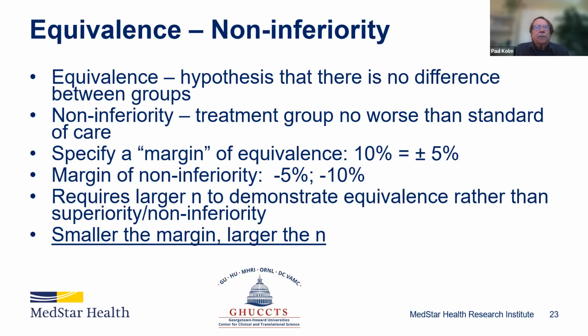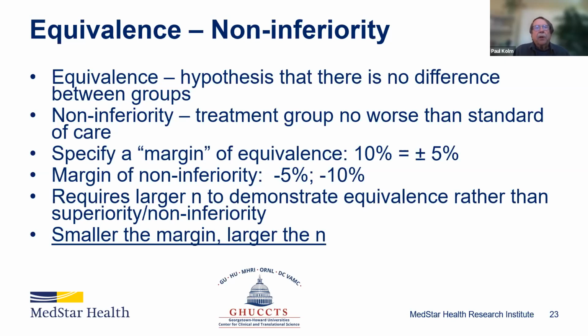So for example, if we are looking at a margin where we'll call it equivalence if it falls within 10% of our observed value, then that means that we would have 5% on either side. In other words, it'd be plus or minus 5%.